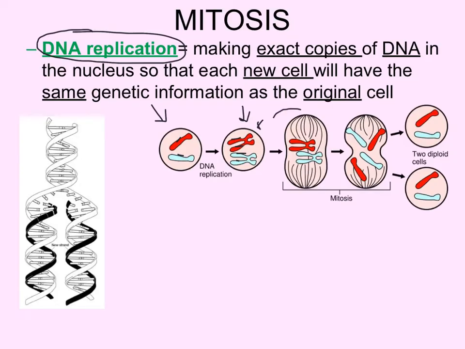Well, as we move down the cell cycle, since we replicated our DNA, we are now able to make 2 cells that are exact copies of our original cell over here.